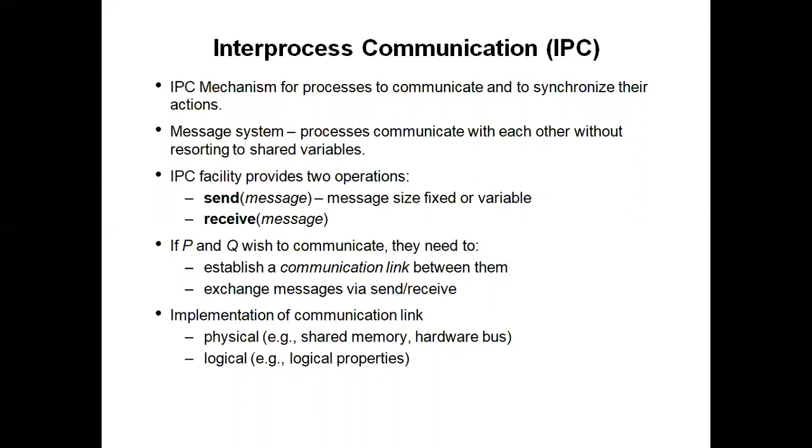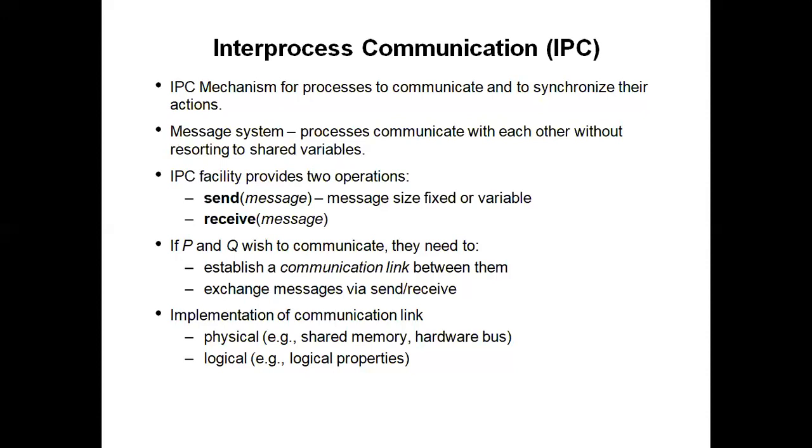In this IPC, the main constructs or definitions we need to know, the first one is the message system. A message system is a system through which different processes communicate with each other without resorting to shared variables.